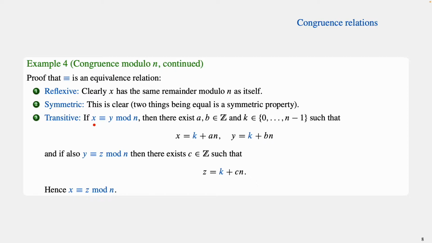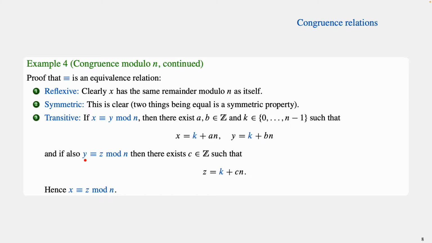So if x is congruent to y mod n, this means, if we write it out, that there exist a, b in the integers and some number k between 0 and n-1 such that x equals k plus a times n, so k plus some multiple of n, and y equals k plus some other multiple of n. So they have the same remainder k on division by n.